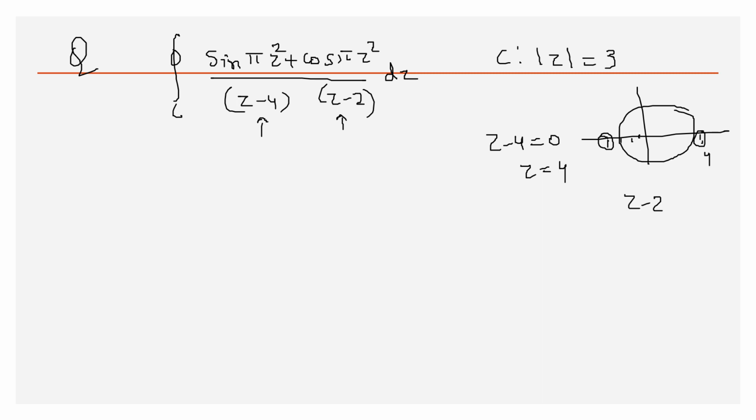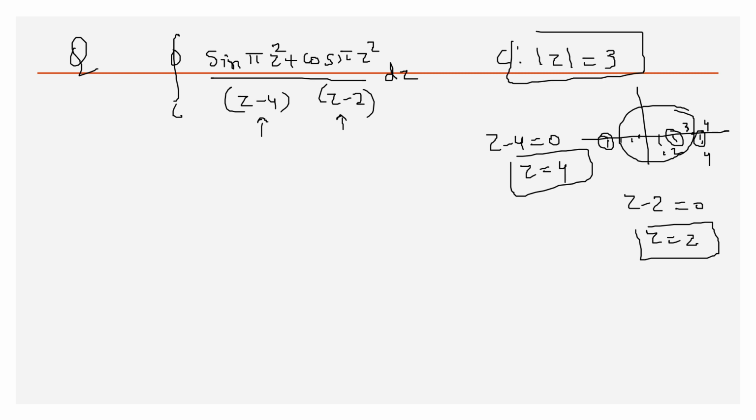Now if z minus 2 equals 0, z will be 2. So it will come somewhat here, 1, 2. Here. So tell me which of these poles lie inside the contour or on the contour of the region which is given to us. The region which is given to us is, can I write it in this form, modulus z minus 0 equals 3. It means radius is 3, center is 0.